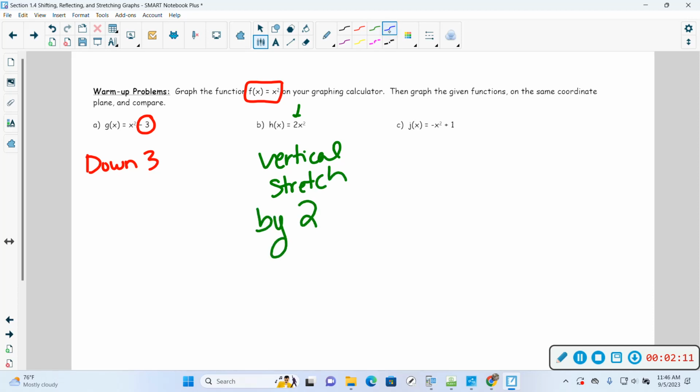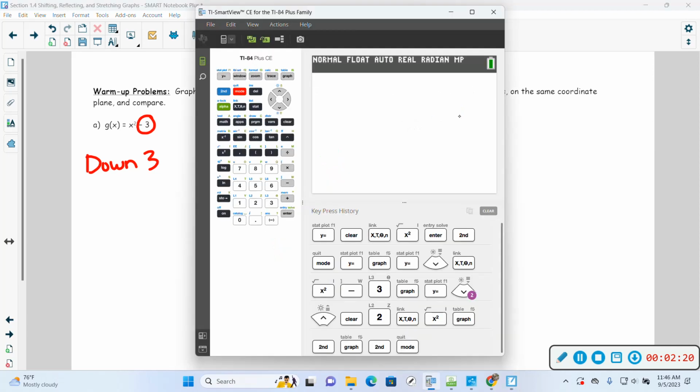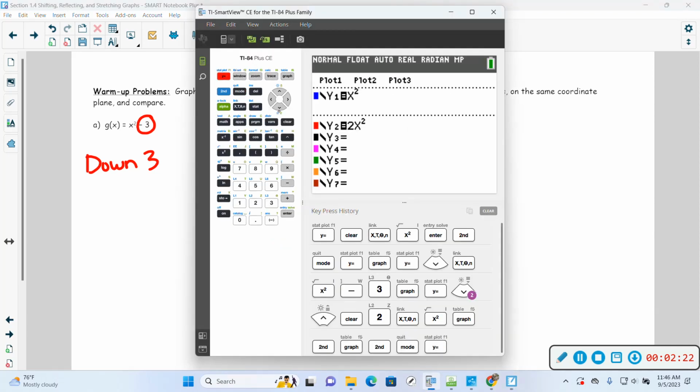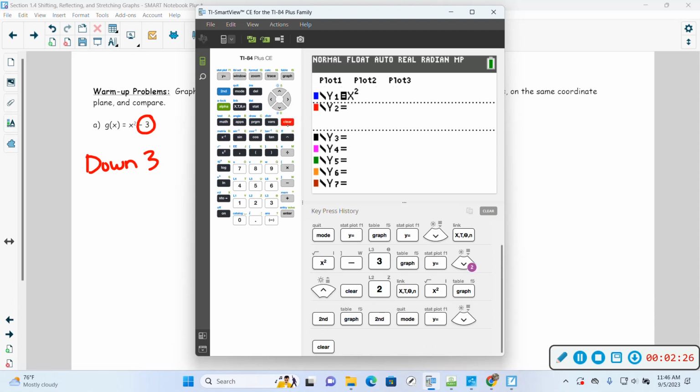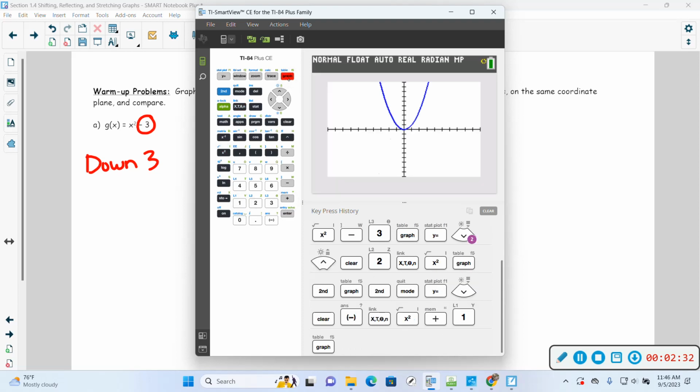All right, let's take a look at the third one. Things that are different from our parent function: we have the negative and the plus 1. You probably have an idea what the plus 1 is going to do, especially after graph A, and the negative, I hope you remember from last year. Let's clear out the second one and replace it with negative x squared plus 1. Let's hit graph. There's our parent.